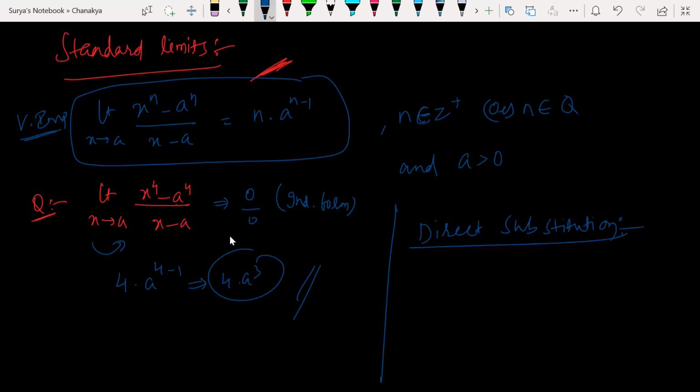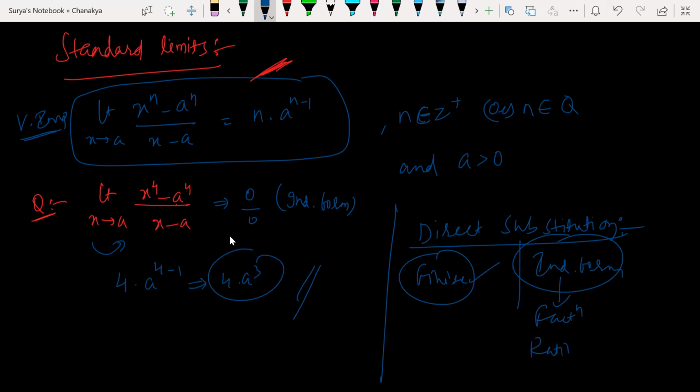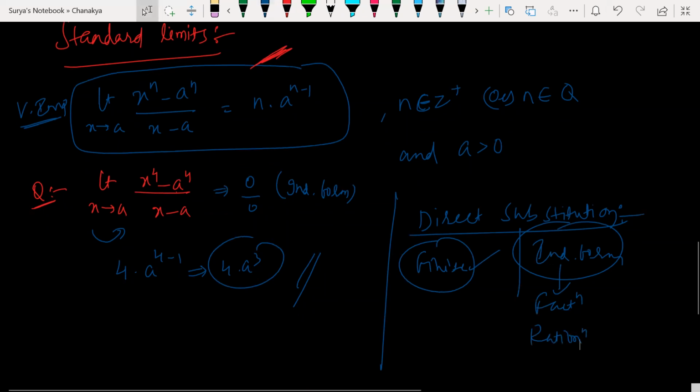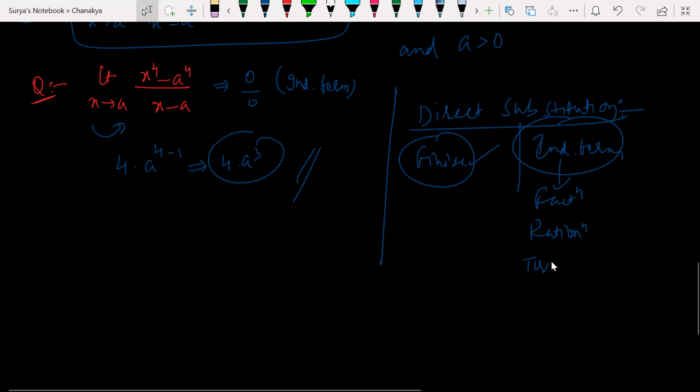Direct substitution means what? Substitution of x value. If I substitute, I got 0 by 0. If I get some finite value, this would have been my answer. If I get an indeterminate form, I have multiple methods: factorization, rationalization, trigonometry limit method, standard limit.